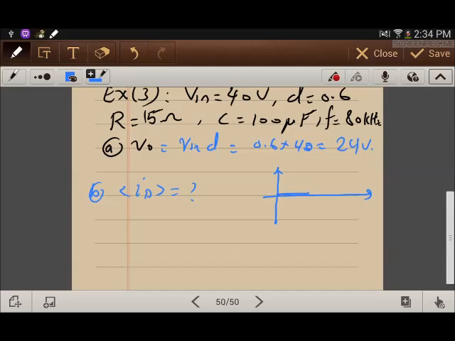When the switch is off, the diode will start to conduct from a maximum value down to a minimum, and then it will turn off. So here it's T, here is dt. I have here a maximum current, and here a minimum current.